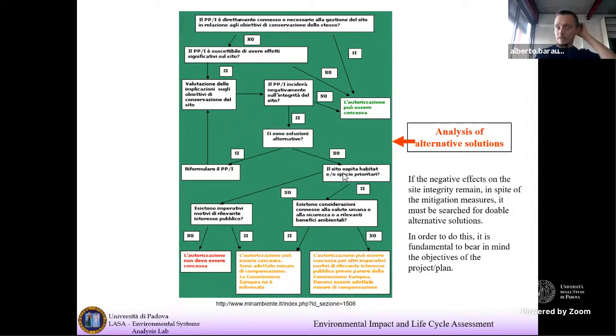The third step of the VINCA procedure is the analysis of alternative solutions. It can happen that your negative effects on the site integrity remain in spite of the mitigation measures. Then you must list alternative solutions to your plan or project.